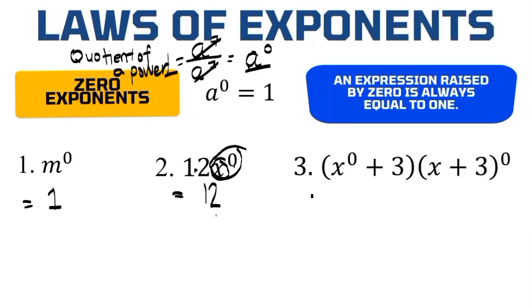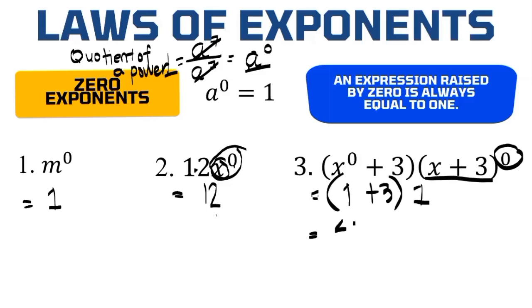Let's simplify. x raised by 0 is 1, plus 3. And this whole expression is raised by 3, so therefore that is 1. So 1 plus 3, that's 4, times 1, and you'll have 4. Okay, I hope zero exponent is now clear to you.